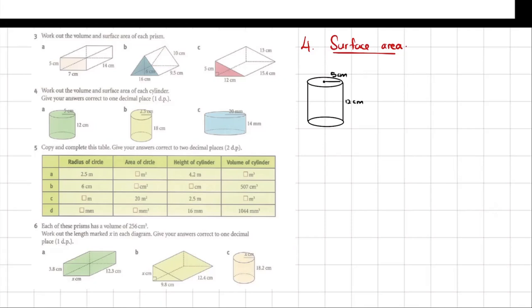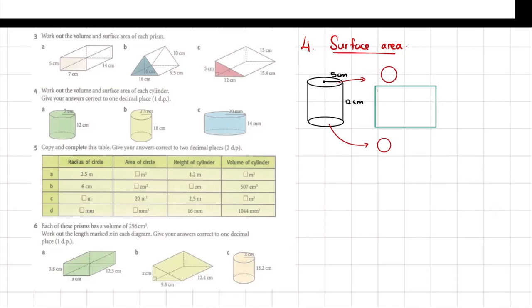So now if I break it up and open it, the top one would be a circle. The bottom one will also be a circle. However, the middle one, if I open the shape up, actually looks like a rectangle. It should look something like that when I unfold it.